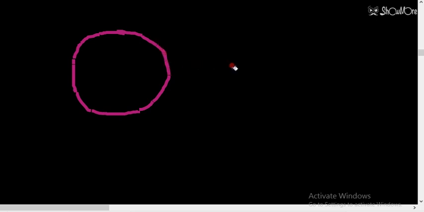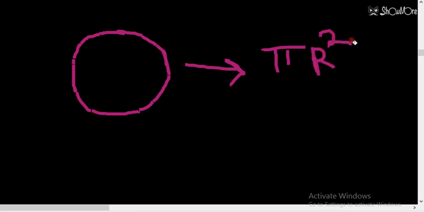Then its area is equal to pi r square, where r is the radius of this circle. So r is the radius.